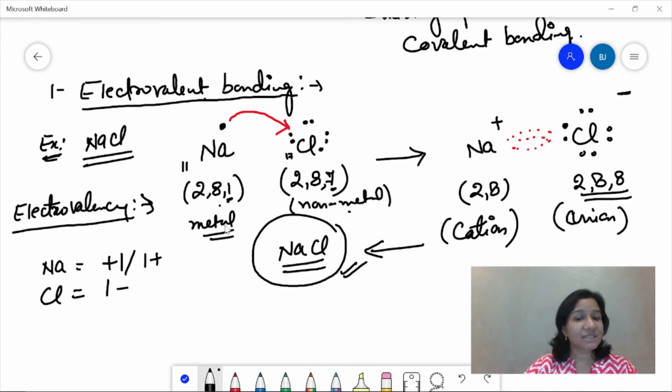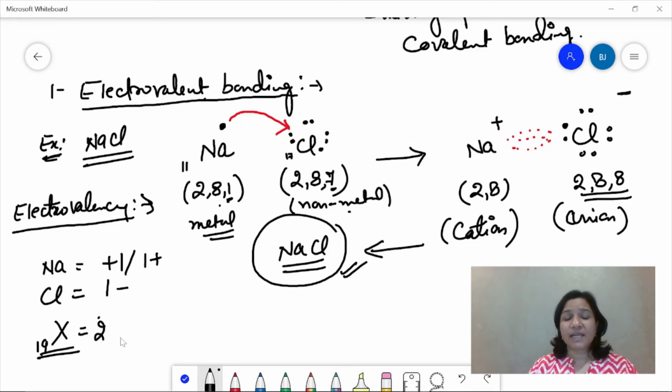Now what are metals? How will you figure out what are metals? Those elements which have 1, 2 or 3 electrons in their valence shell will always donate electrons and they are categorized as metals. How will you recognize? If I give you an element X with atomic number 19, first of all, always distribute the electrons.